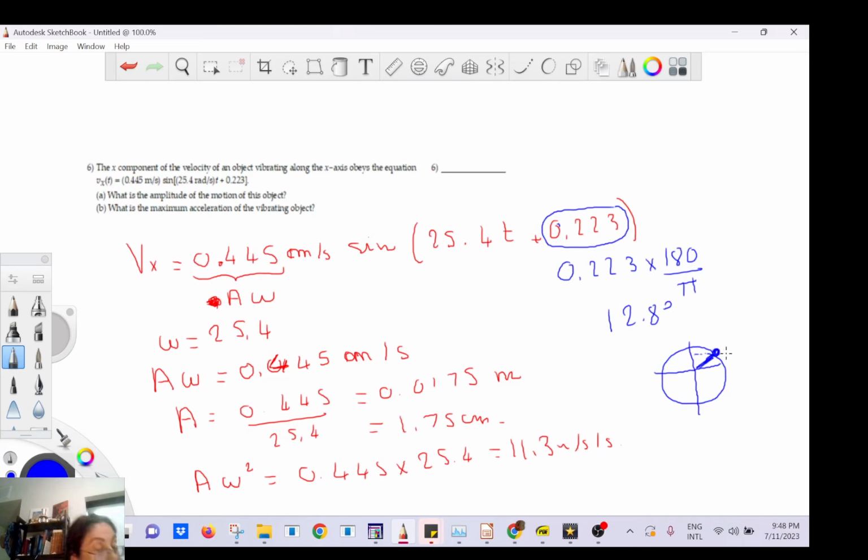So in that case, even if you have an angle here, 12.8, you still have a positive x component of the velocity. And it's going to become negative when it gets to this side here. So that's going to be a negative component there. Okay, so what else?